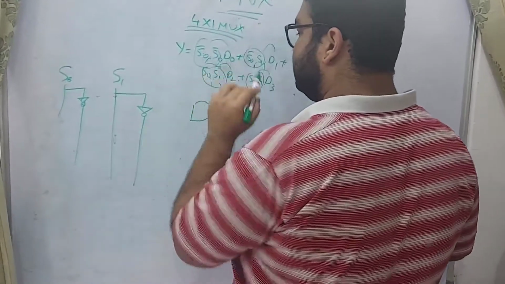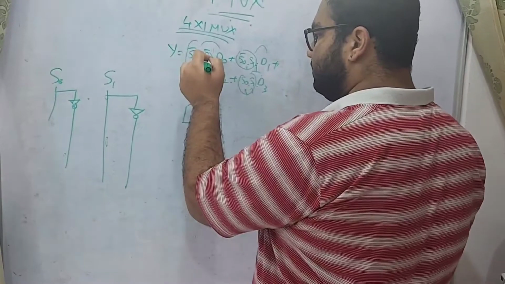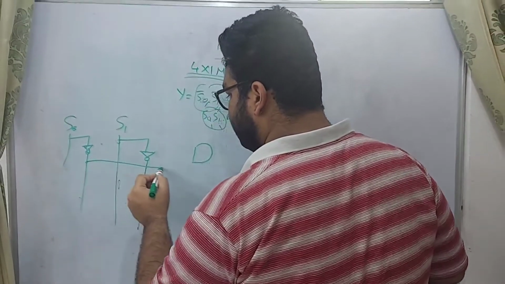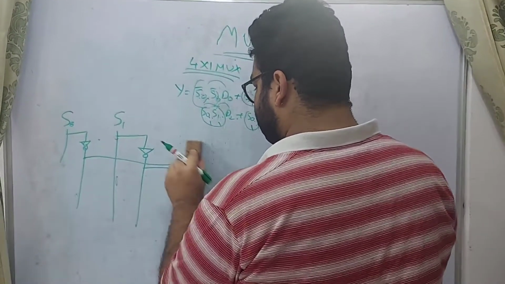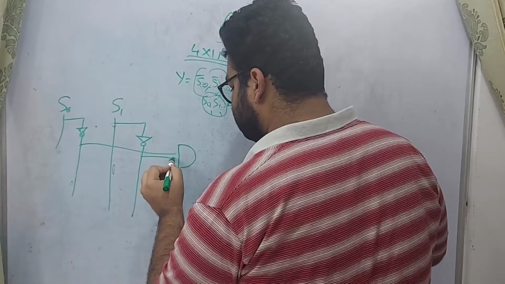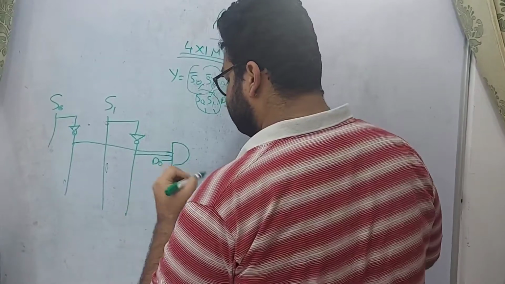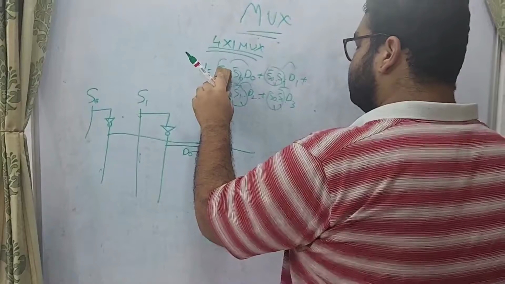So first, in the first combination, S0 bar, S1 bar and D0. So this is one output.